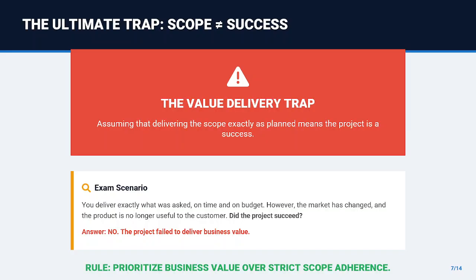Value delivery equals project success. If you deliver exactly what was asked, on time and on budget, but the market has changed and the product is no longer useful, the project failed. Always prioritize business value over strict scope adherence.